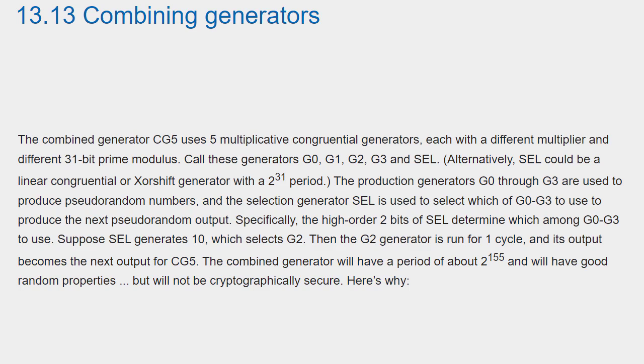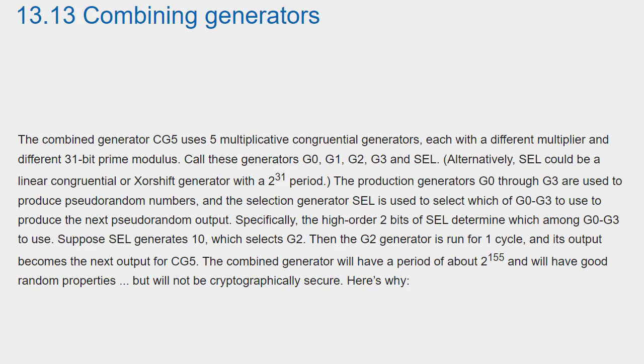Specifically, the high-order 2 bits of SEL determine which among G0 to G3 to use. Suppose SEL generates 10, which selects G2. Then the G2 generator is run for one cycle, and its output becomes the next output for CG5.